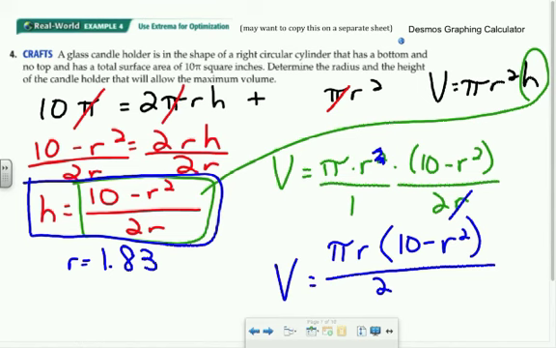Let me try that again. 10 minus 1.83 squared divided by 2 times 1.83. And that's approximately 1.82. And so I've found the dimensions of a candle holder that will have my total surface area that they gave me while maximizing its volume.